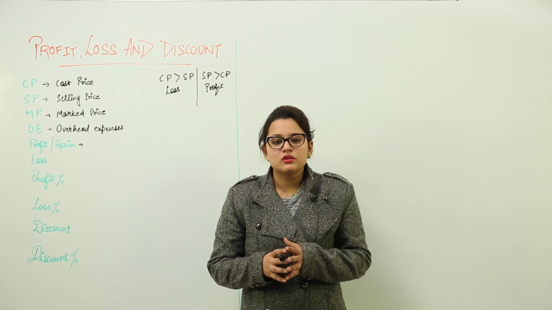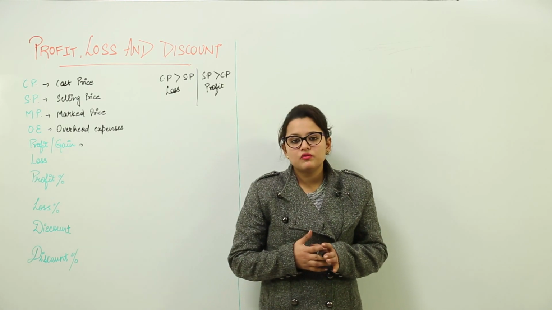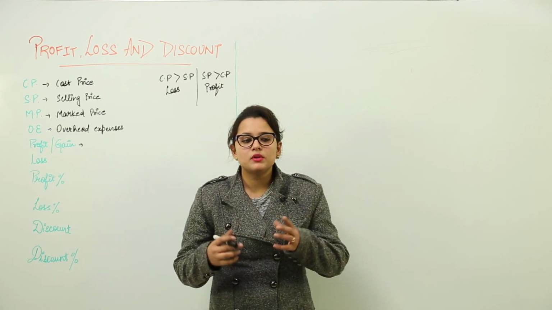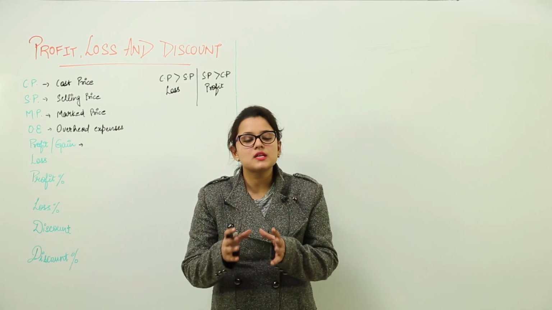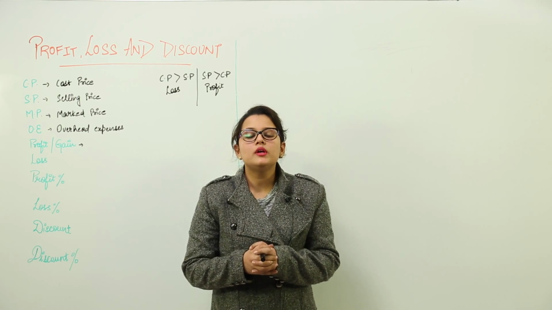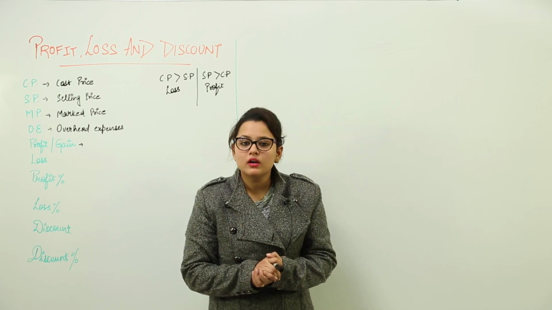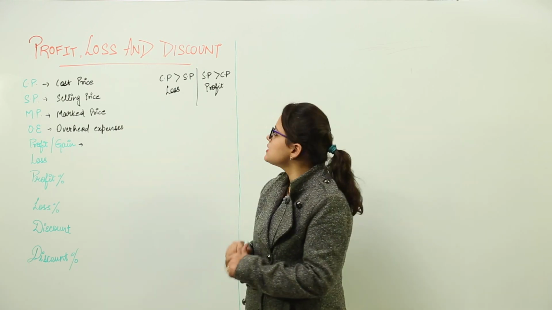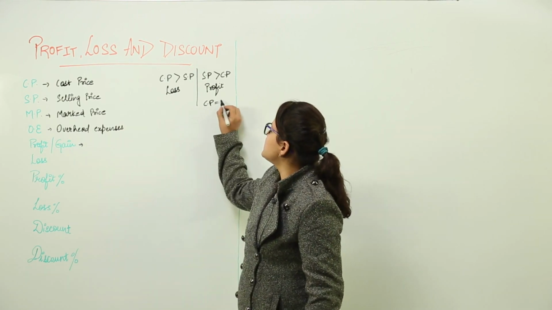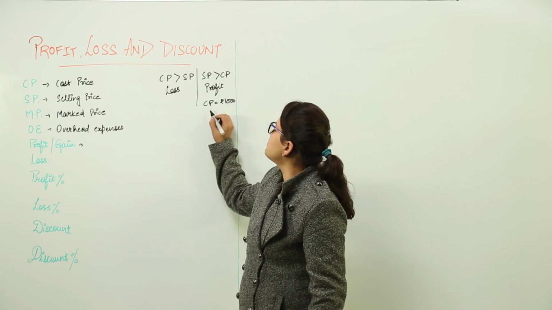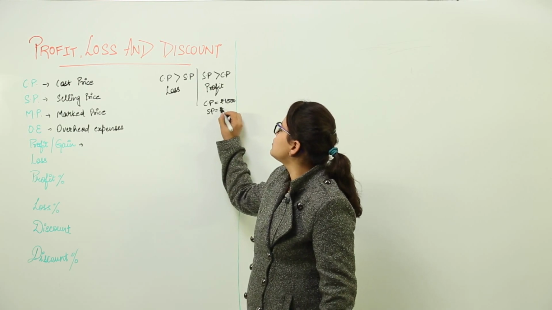You are a manufacturer of shirts. Now you start manufacturing shirts. Your one shirt gets manufactured and the cost that comes is 1000 rupees. But you are going to sell it in the market at 1200 rupees. So your cost price is rupees 1000 and your selling price is rupees 1200.